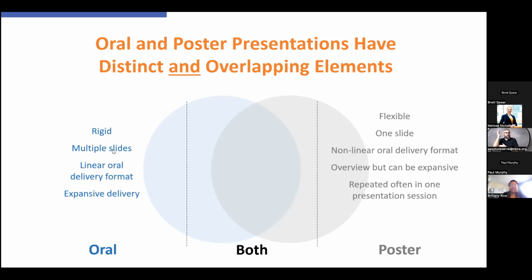Now that we've covered the distinct elements of oral and poster presentations, I want to provide you all with some good and bad case point examples to describe the distinctions of both types of presentations. I'm now going to show you some background and data slides from oral presentations.